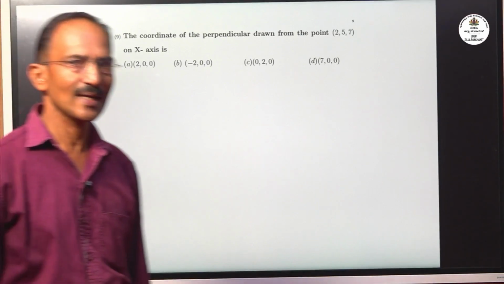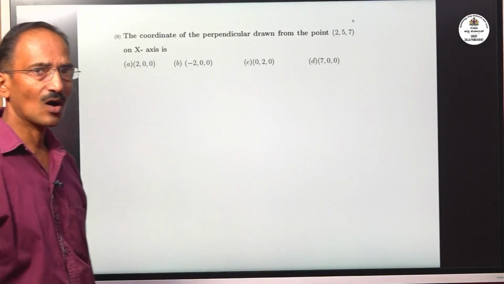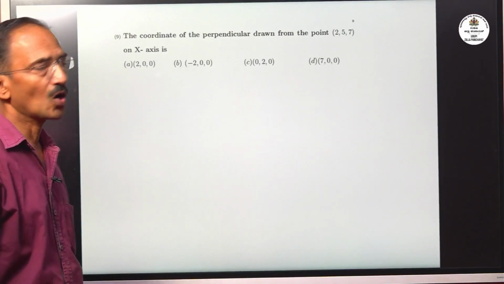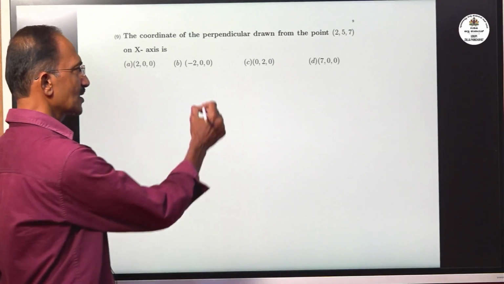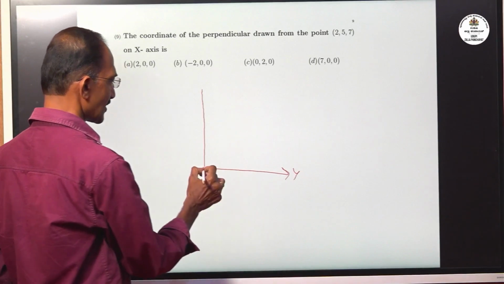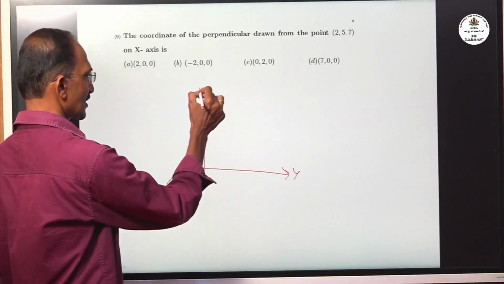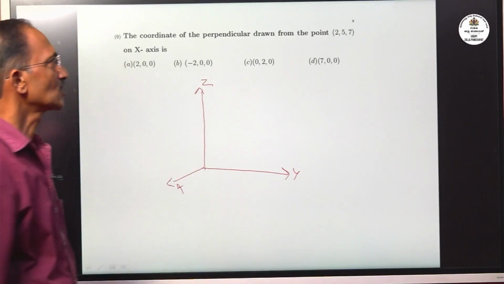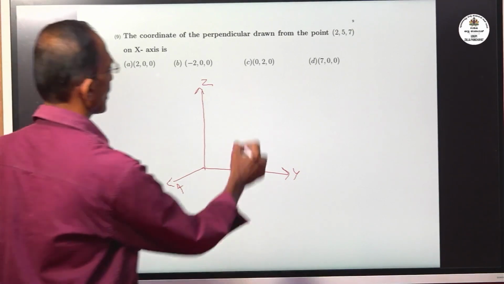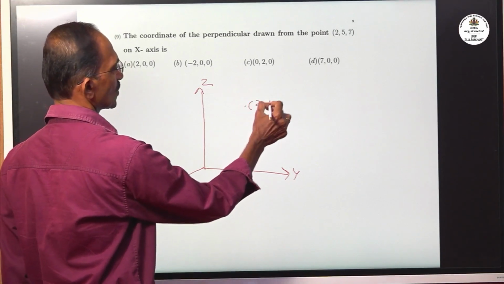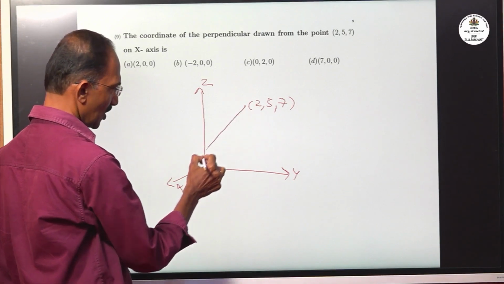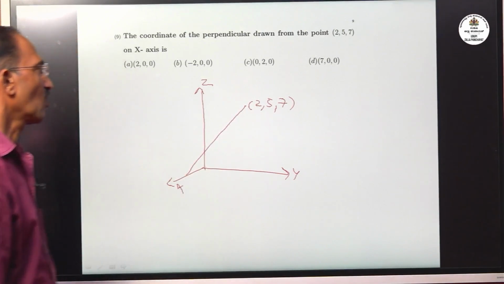So question number 9. The coordinate of the perpendicular drawn from the point 2, 5, 7 on the x-axis. Just consider the z-axis, y-axis and x-axis. The point is here, and that is 2, 5, 7. If you draw a perpendicular on the x-axis, what are the coordinates?